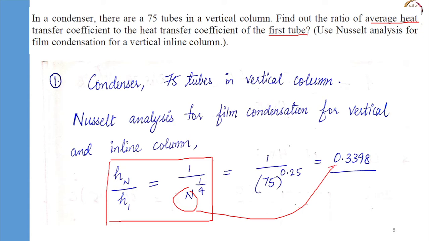We find that h_n to h_1 is 0.34. So the depreciation in heat transfer is quite huge, because the average heat transfer coefficient is just 0.35, only about 35% of what the first tube has. So we need to appreciate this fact.